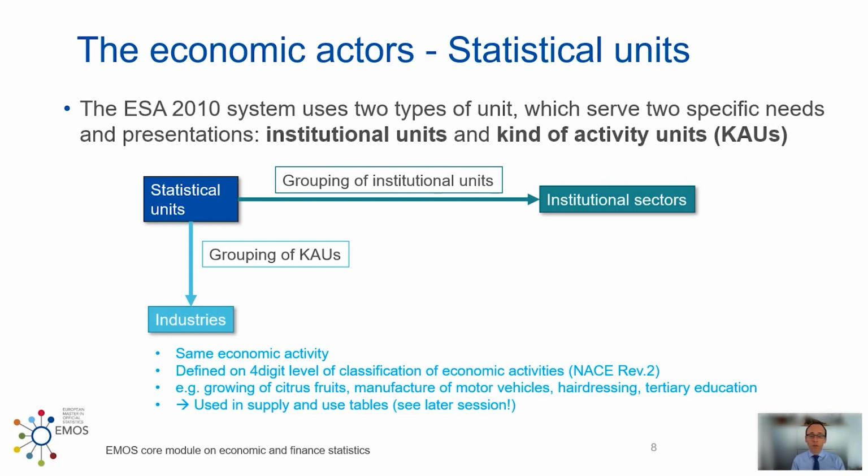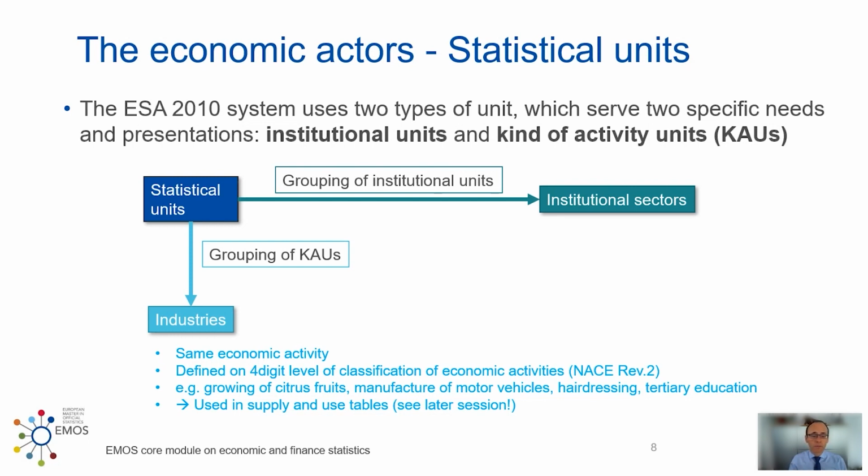And we put it together also with all other car producers or bicycle producers. This is very useful for economic analysis. And this is in particular used in the supply and use tables. There you will find these industries. This will be explained to you in a later session, I think by the colleagues from the statistics side.